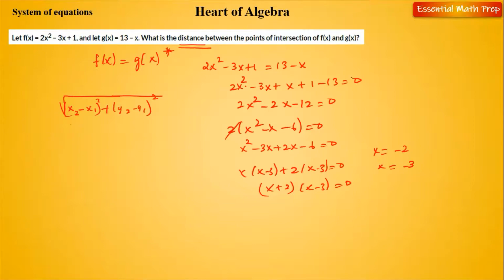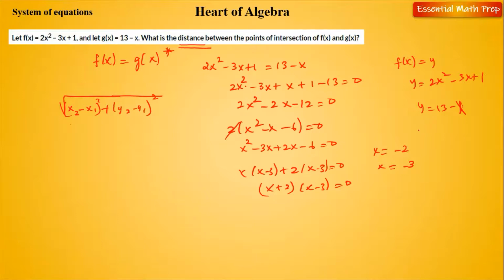Okay, so what we have solved is, if you say f of x equals y, that means y equals 2x squared minus 3x plus 1, right? So for this, you have to substitute the x you got into one of the expressions. Or you can use y equals 13 minus x.